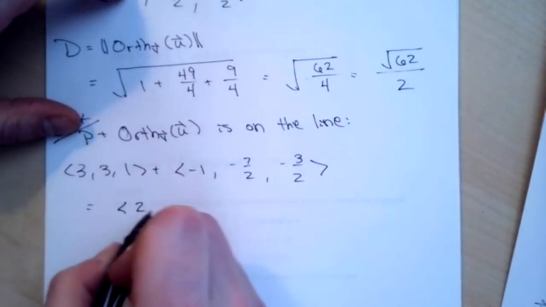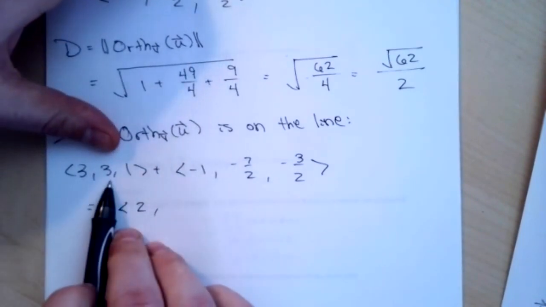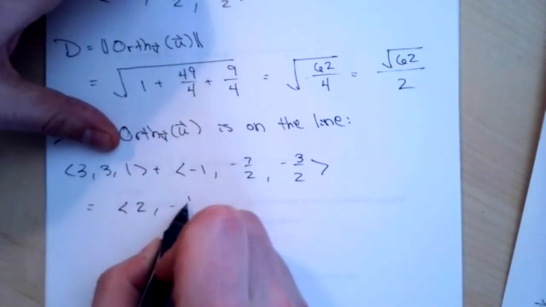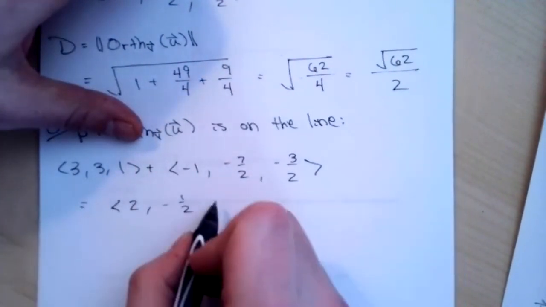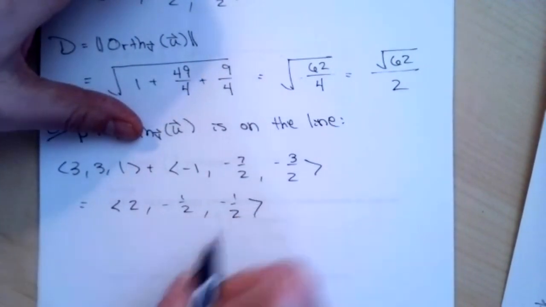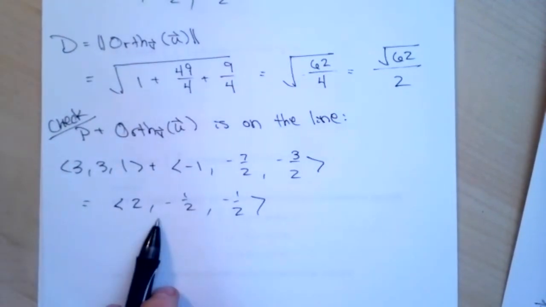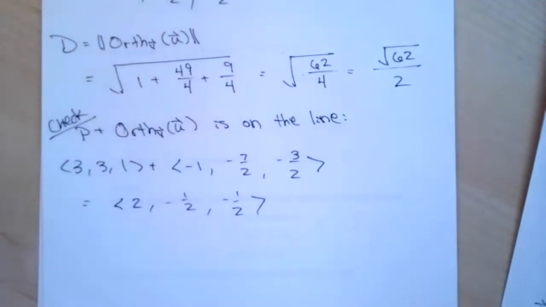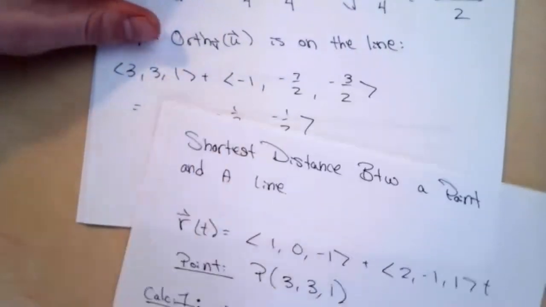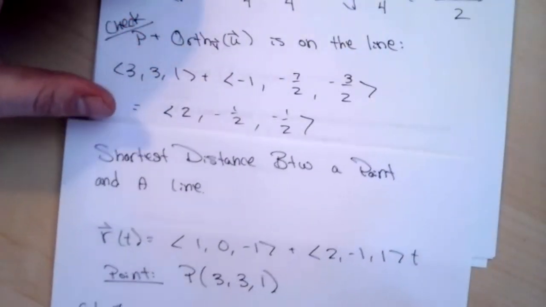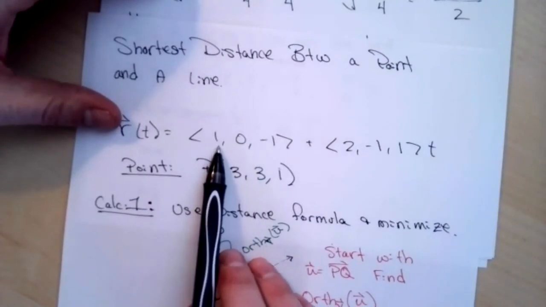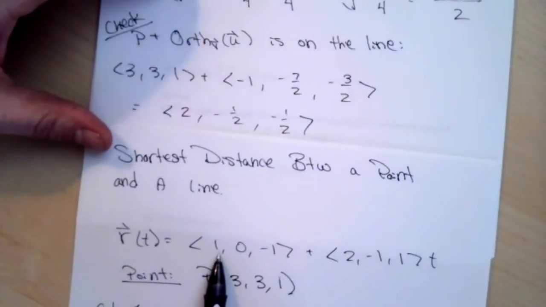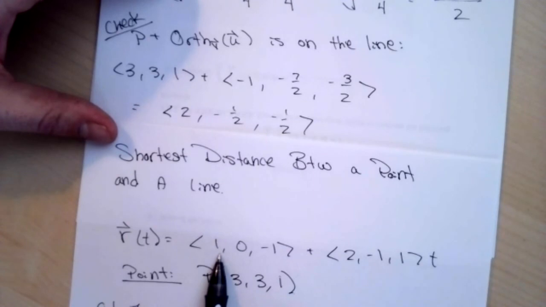We get ⟨2, -1/2, -1/2⟩. And so is this point on our line? If we go back to our equation, looks like we made some mistakes. Because this implies that, oh no, maybe we didn't.